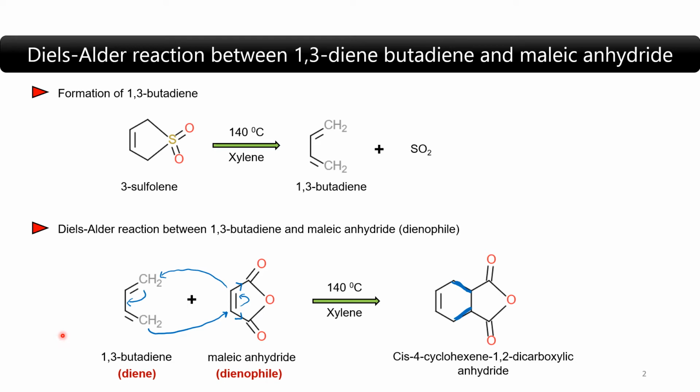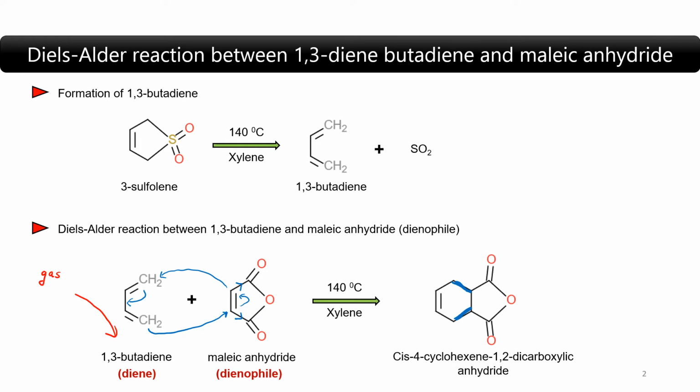So this is basically our reaction. We are able to measure maleic anhydride because it's a chemical that is available as a solid. However, 1,3-butadiene is a gas, so we can't properly measure it.